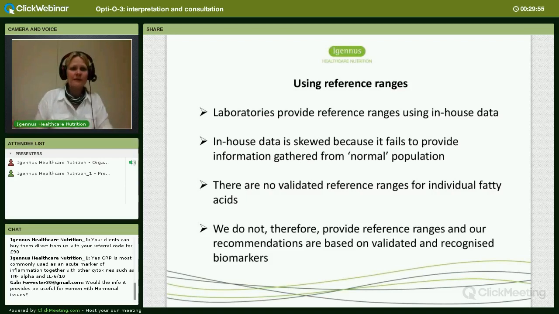If you're providing in-house data from clients who are coming to you with inflammatory conditions or conditions that are related to low omega-3 status, then it's not going to be surprising that the data is skewed because it fails to provide information that has been gathered from what we would consider to be a normal population. So we don't provide reference ranges, and so our recommendations are purely on validated and recognized biomarkers.